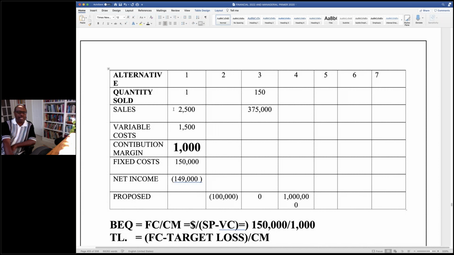So we're going to multiply everything over here by 150. So 500 times 150 is what? 375,000. 1,500 times 150, 225,000. 1,000 times 150, 150,000.